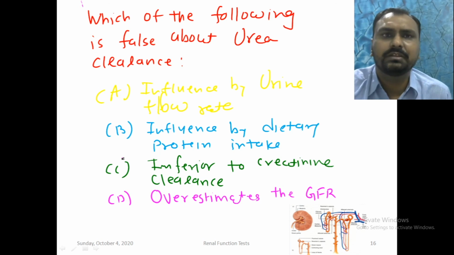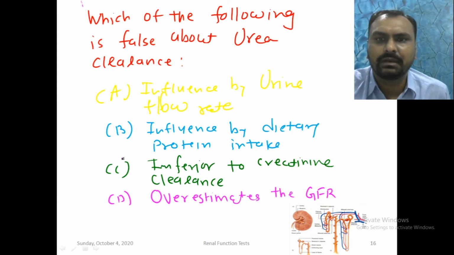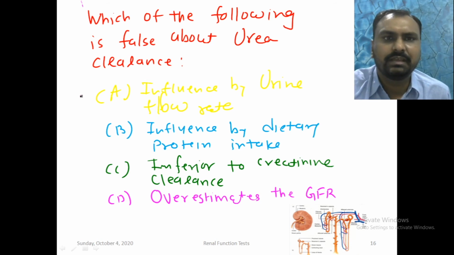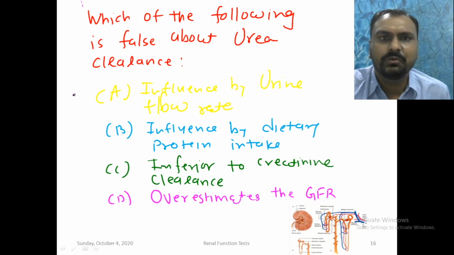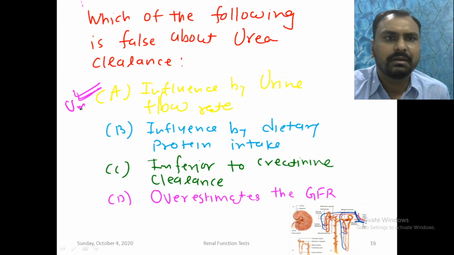Now the next MCQ: which of the following is false about urea clearance? A, influenced by the urine chloride; B, influenced by the dietary protein intake; C, inferior to the creatinine clearance; and D, overestimates the GFR. If we see the options, urea clearance is influenced by the urine volume. As we have seen, there is maximum clearance and standard clearance.